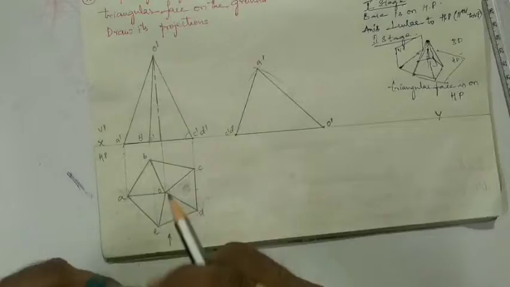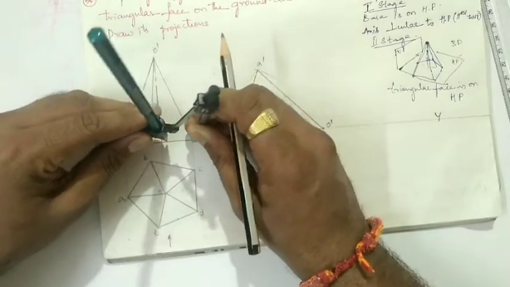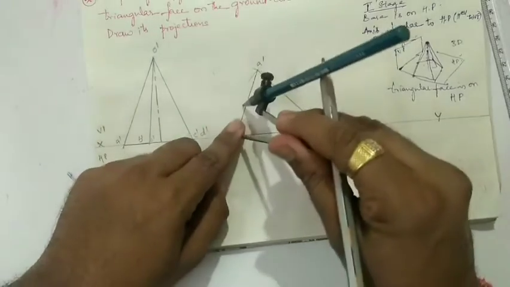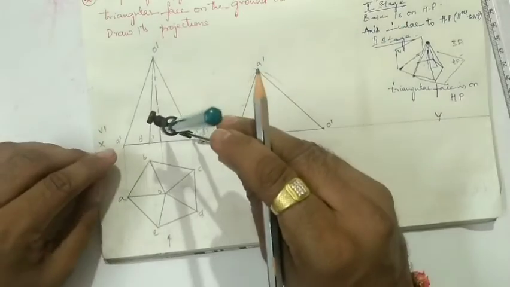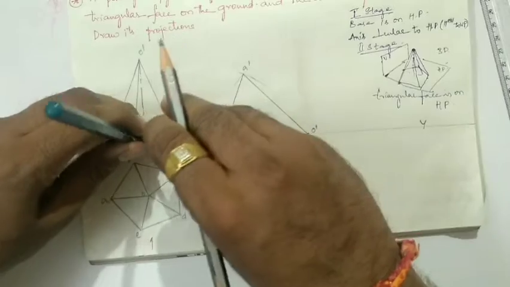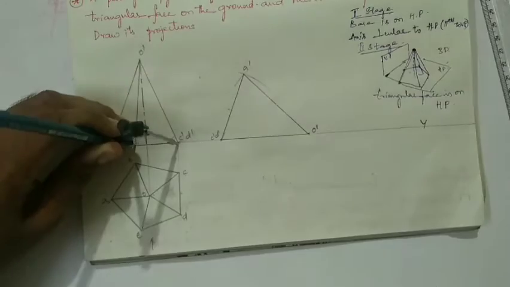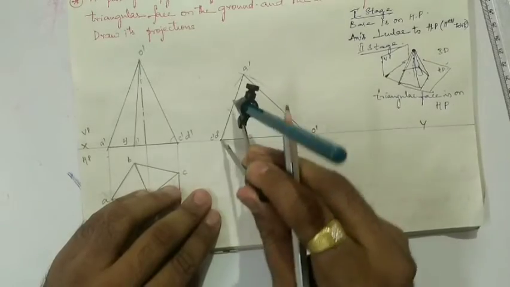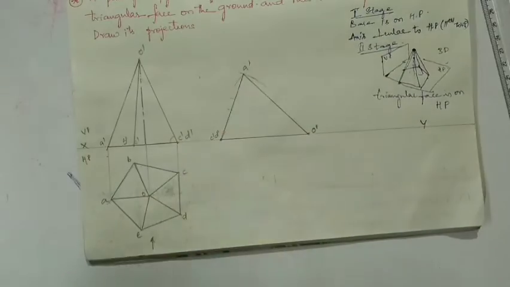Fine. Now measure the distance from C dash to this axis line. With C dash as a center, cut the arc. Then afterwards, C dash to B dash E dash length, with C dash D dash as a center, cut the arc.